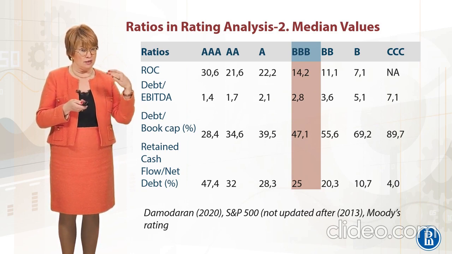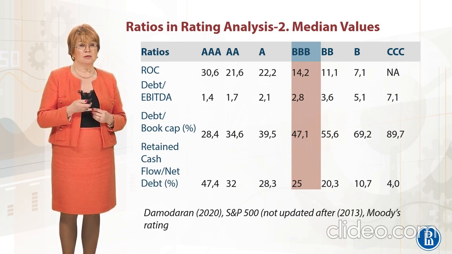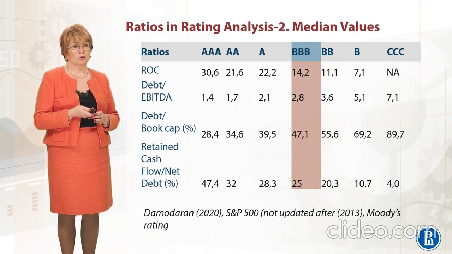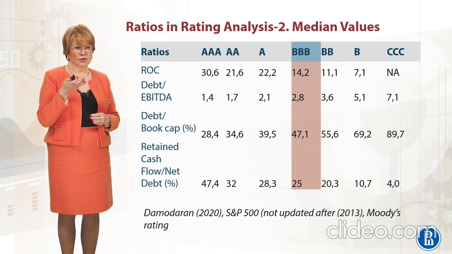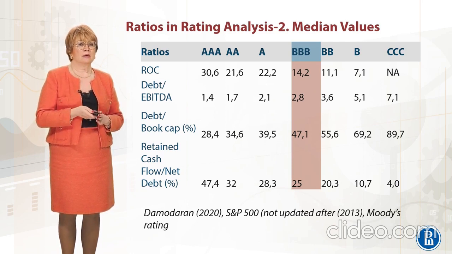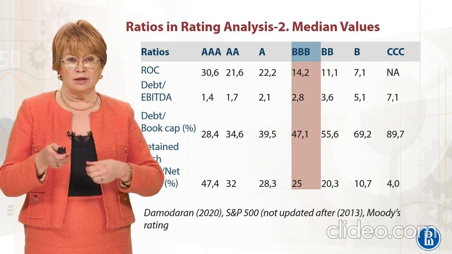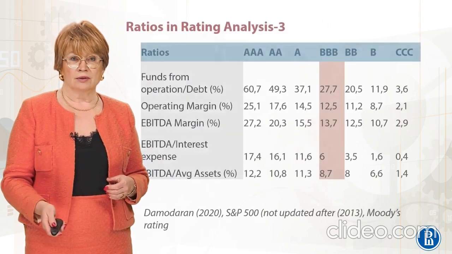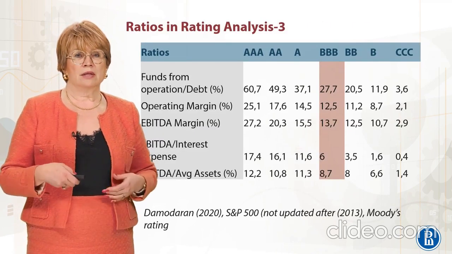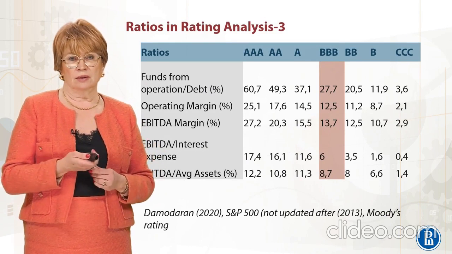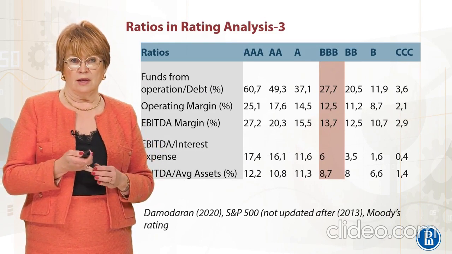BB, these are already risky companies for investors, and so on and so forth. You can see here in the first column the list of different ratios, how dramatically they are changing with the change in the rating group, in the rating level. You continue that list of the coefficients. You can see here very different coefficients and they change.